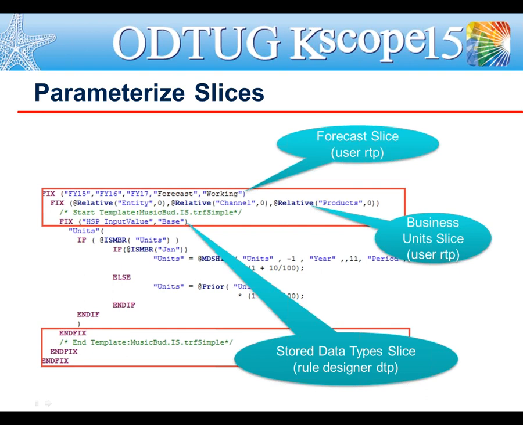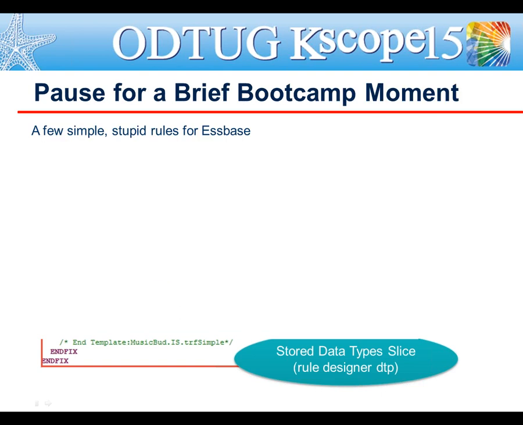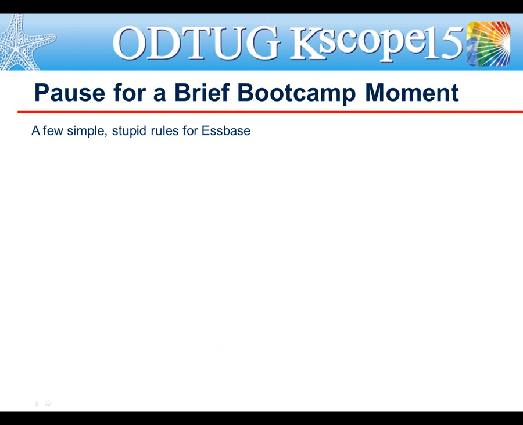And notice the forecast slice and the business unit slice are going to be runtime prompts, so the user is going to be prompted for those when the script is run, and the stored data type slice is a design time prompt, and that's going to be prompted when the business rule designer executes the custom defined template.